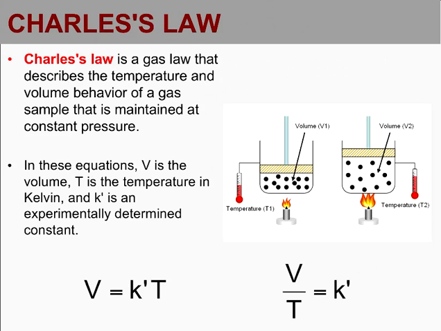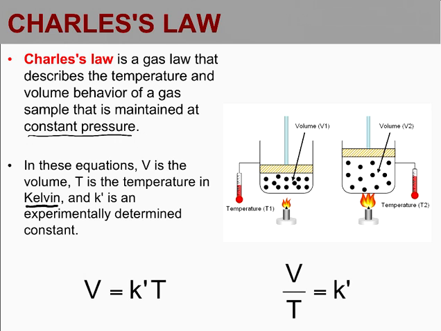Okay, the next law is Charles's law. So this is a gas law that describes the temperature and volume behavior of a gas that is maintained at constant pressure. We can also assume that the amount of the gas is constant as well. So in these equations, V is the volume, T is the temperature, in Kelvin, that's very important.